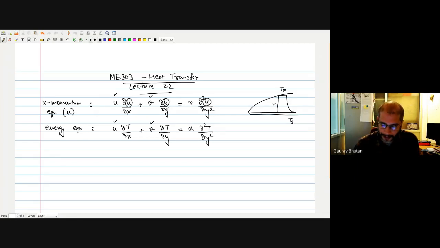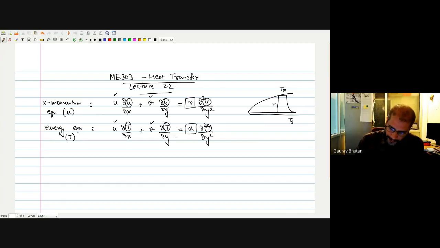On the right hand side we have the kinematic viscosity, which is the diffusivity for momentum, because it is this kinematic viscosity which causes the momentum to diffuse from one layer to the other when they slip over each other. In the energy equation, the unknown is T. Now I circle the unknown here, and then we have alpha, which is the thermal diffusivity. Otherwise, the equations look exactly the same.